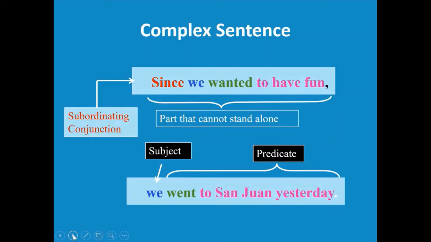When we say that part only, we get a full meaning. But when we say just up to since we wanted to have fun, we know that there's something at the end. That is not a complete sentence. It does not give a full meaning. And also the first part starts with a subordinating conjunction.